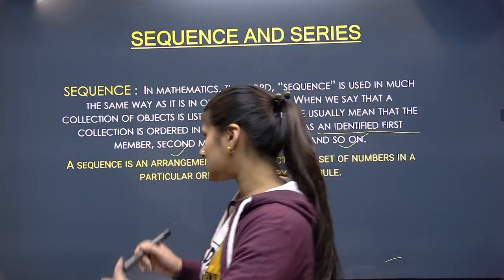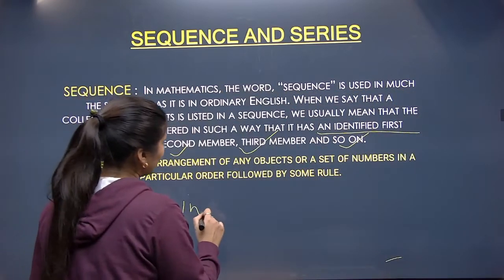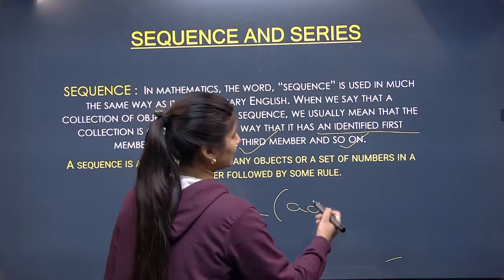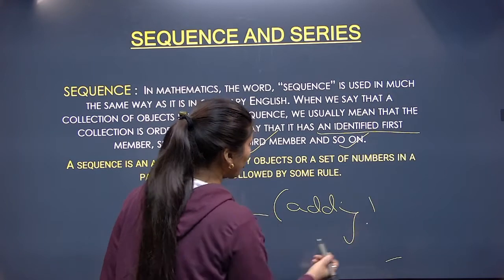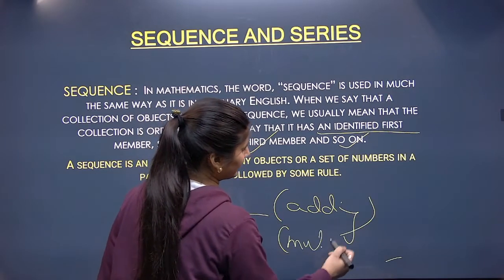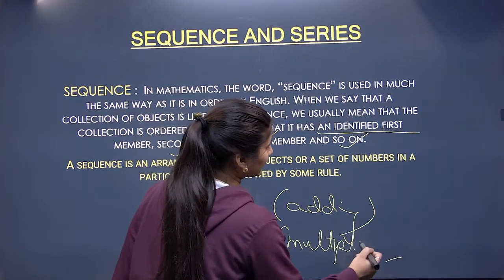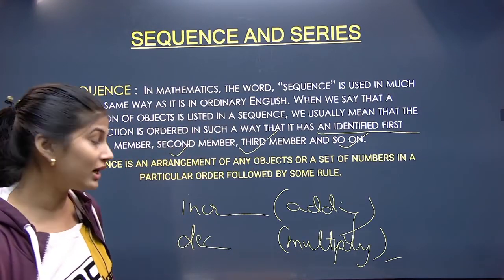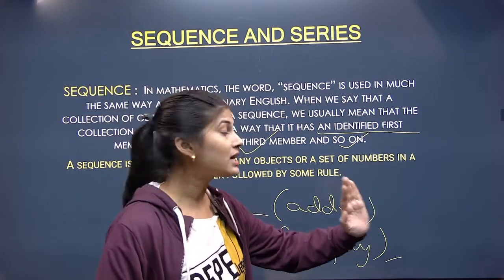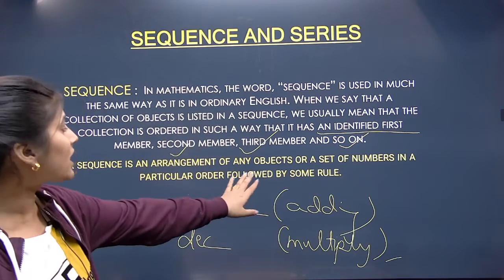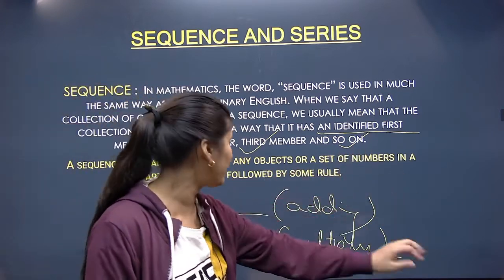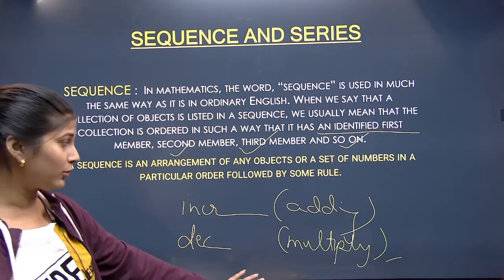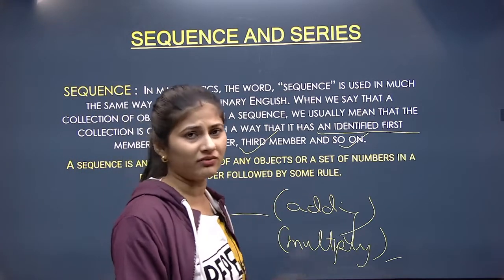Whatever the sequence, it can be increasing, it can be decreasing, it can be in the manner of adding a constant every time, or multiplying by a constant every time. So the order can be anything, but it will be followed throughout the sequence. The rule can be addition, multiplication, division, anything.